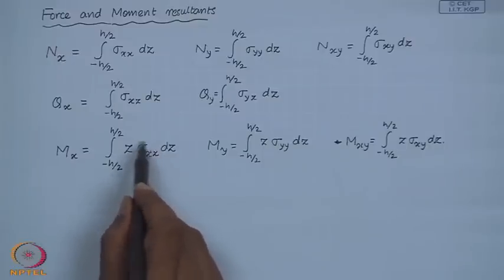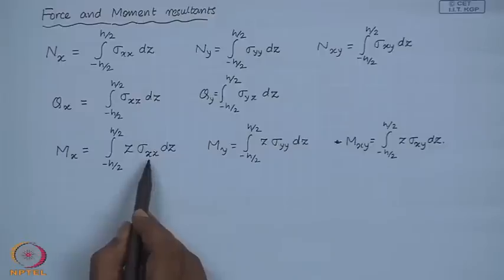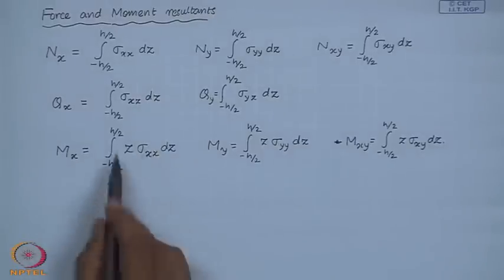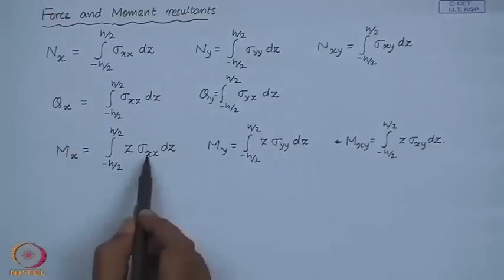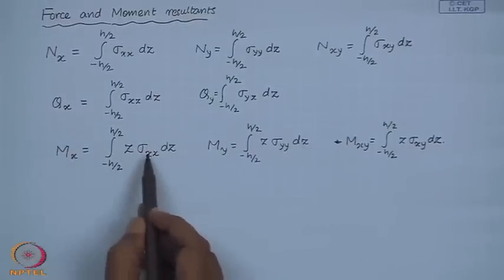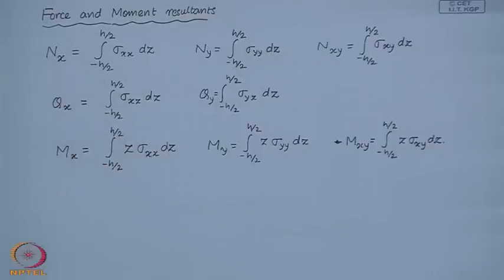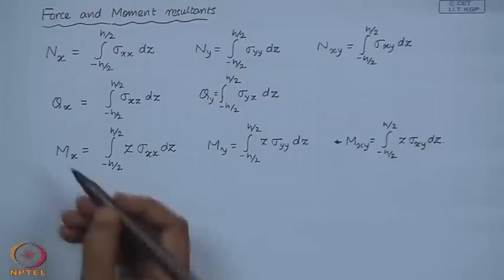We have defined here m x as z times sigma x x, but actually this moment is along the y axis. Still we call it m x because it is a moment with sigma x x. These resultants have the units of force per unit length or moment per unit length.